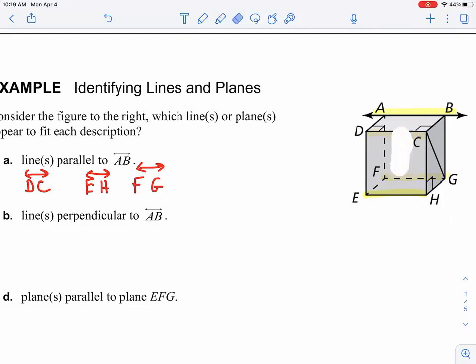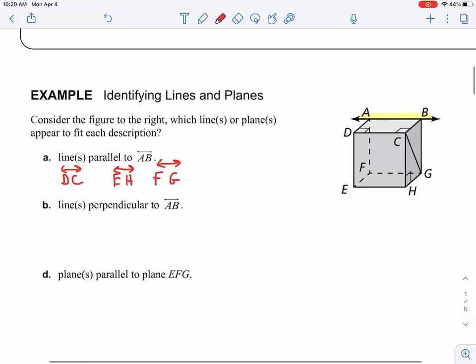All of those are parallel to AB. Now notice GH down here, the bottom right of that box, that never would intersect the top. It would not intersect AB, but that is not considered parallel.